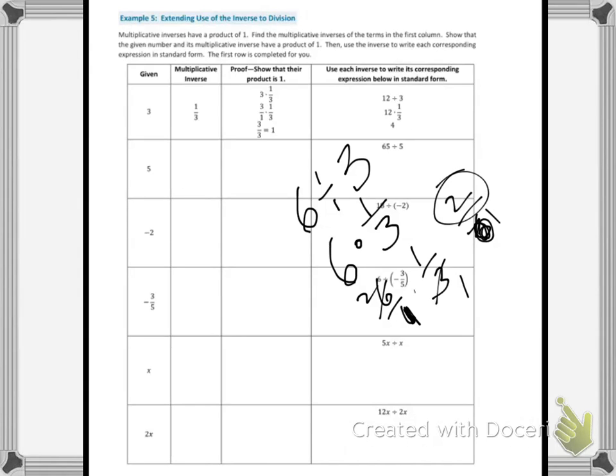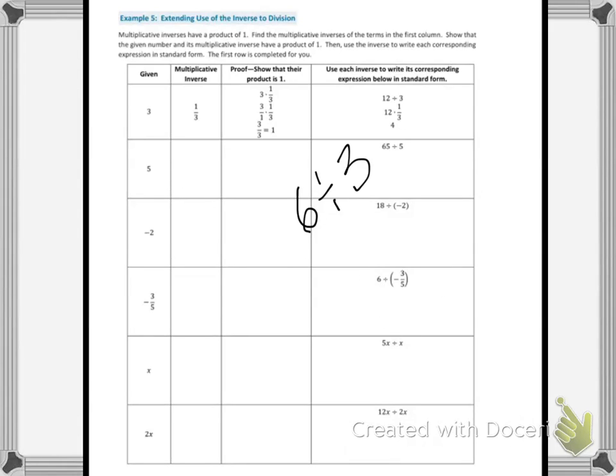One thing you have to remember, though, a little thing you can fall into, is you can't do it this way. You can't take the reciprocal of that first number and then multiply by 3.